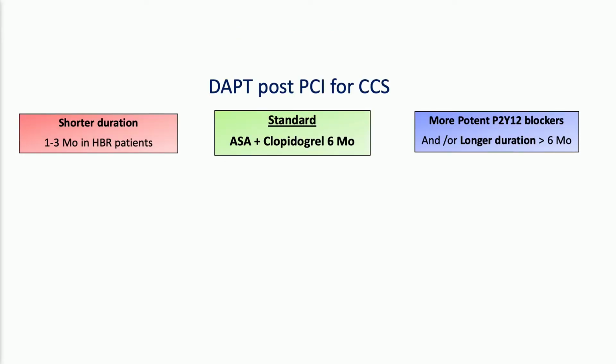So just to try to put everything on one slide, for stable patients treated with drug-eluting stent, the rule today is aspirin and clopidogrel for 6 months, but sometimes we can do a more aggressive treatment and longer duration, and sometimes also we will use shorter duration in patients with high bleeding risk.